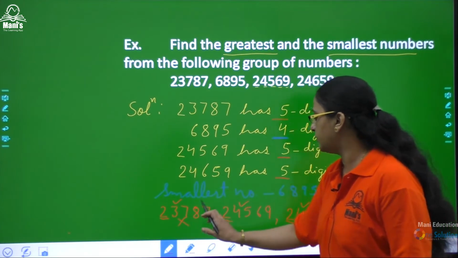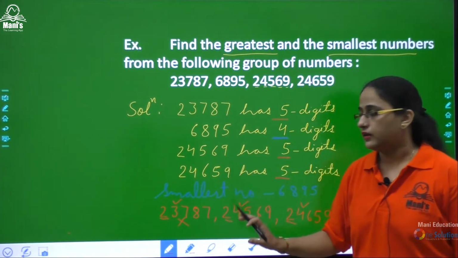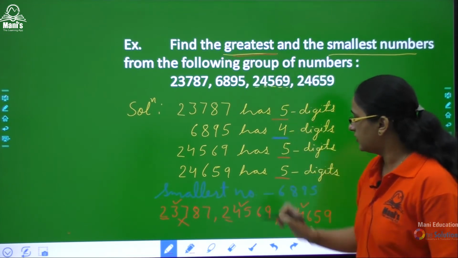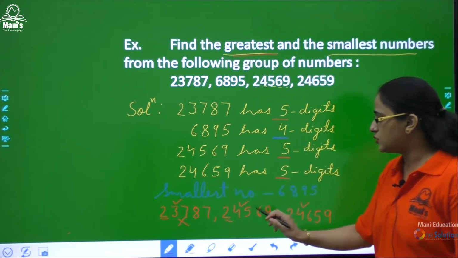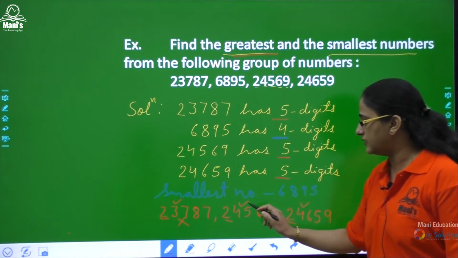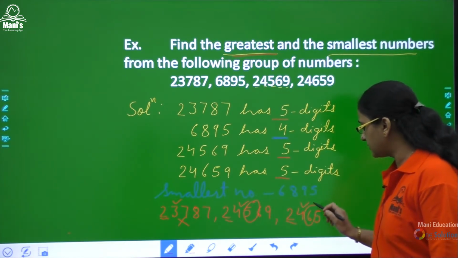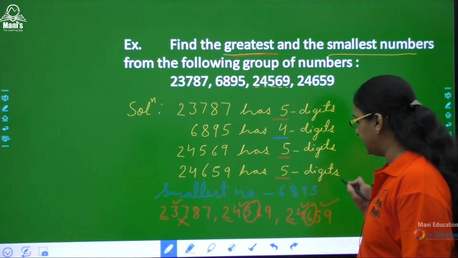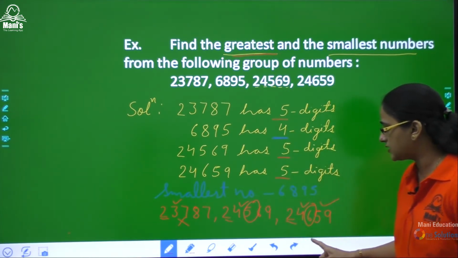Why is it cancelled out? Because it is the smaller number and we have to find the greatest number here. So now we have to compare these two. Now go to the next number, that is, here is 5 and here is 6. So definitely, which would be the greater number? This is the greater number. So we can calculate it.